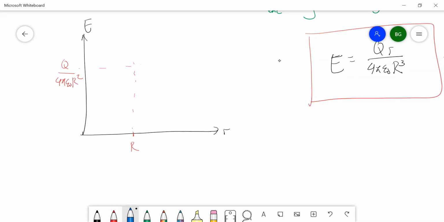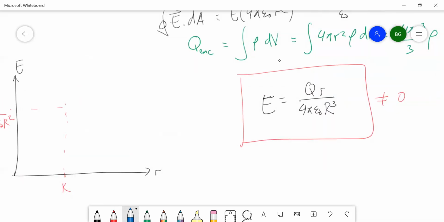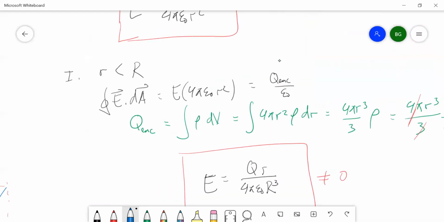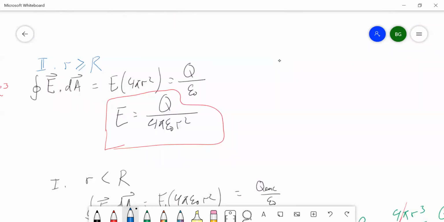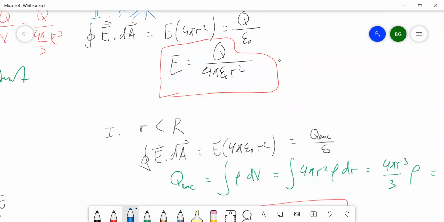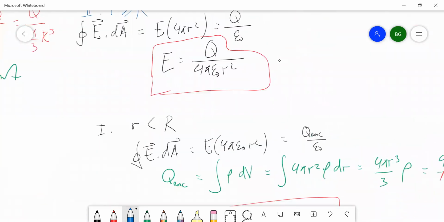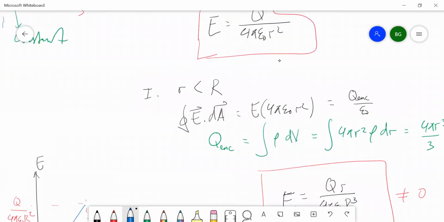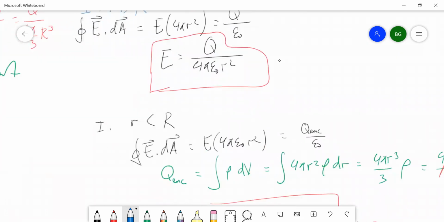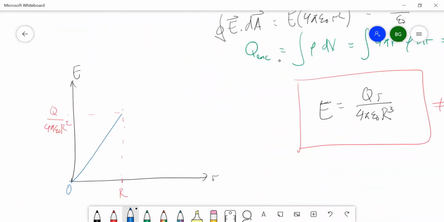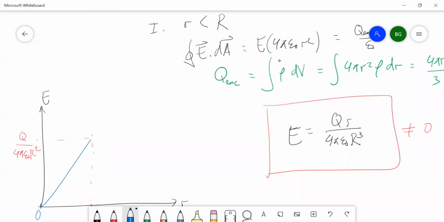Okay, so you see that this is linear, yeah. E depends linearly on R. So it's a straight line, and then after passing through the sphere, we get 1 over R squared.